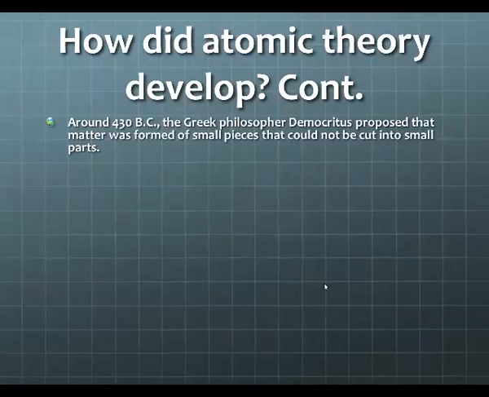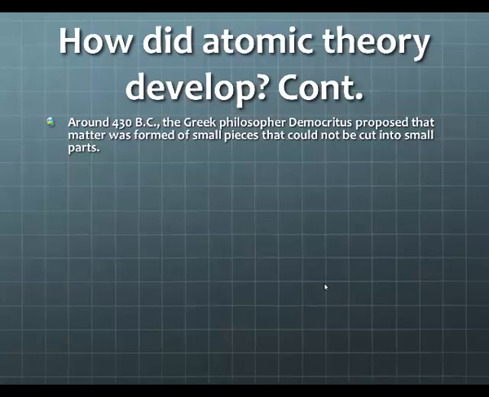Around 430 BC, the Greek philosopher Democritus proposed that matter was formed of small pieces that could not be cut into smaller parts. So he thought that you could take any piece of matter and cut it into itty bitty teeny tiny pieces, and you could continue to cut them smaller and smaller. But eventually you would get to a point where you couldn't cut those pieces of matter any smaller.